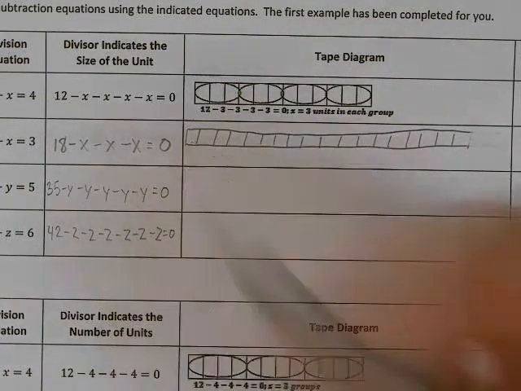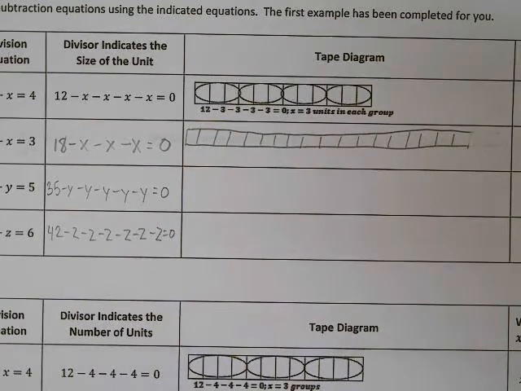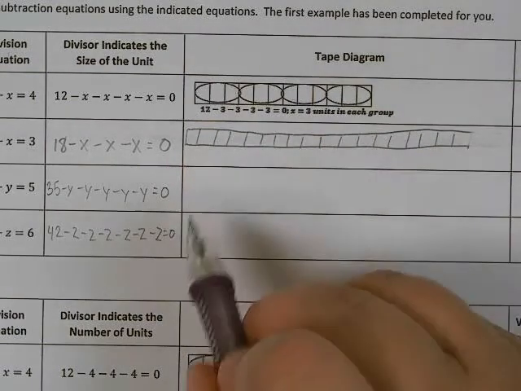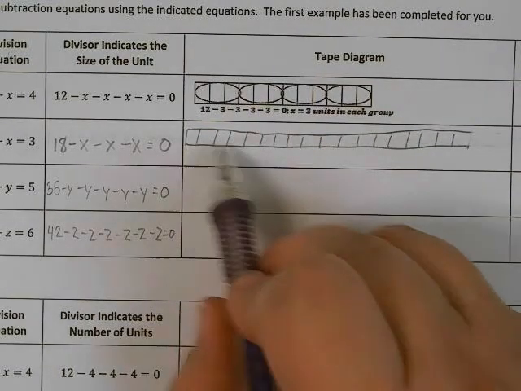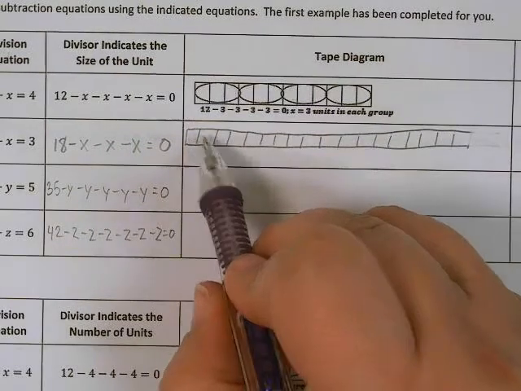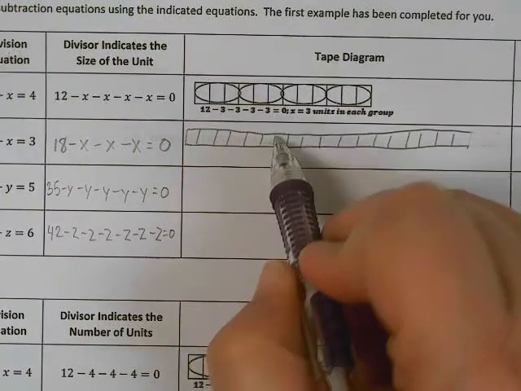So I have to think about my facts, and I have to think about what times 3 would give me 18. Well, I know that 3 times 3 is 9, and 3 times 4 is 12, and 3 times 5 is 15, and 3 times 6 is 18. So if I'm going to put it into 3 groups, I know I need 6 in each group. 1, 2, 3, 4, 5, 6.